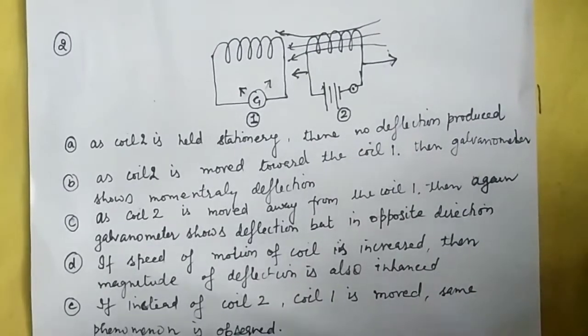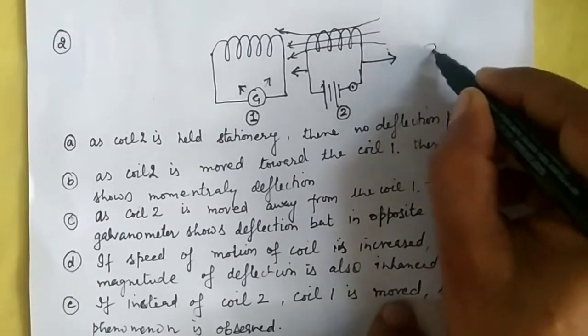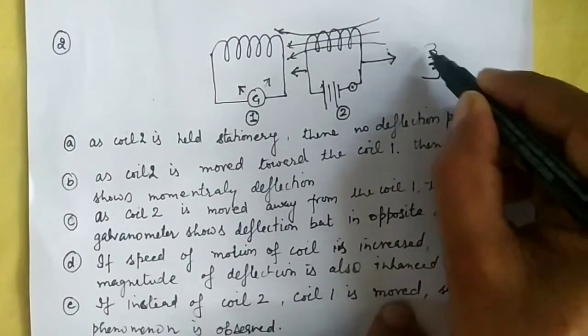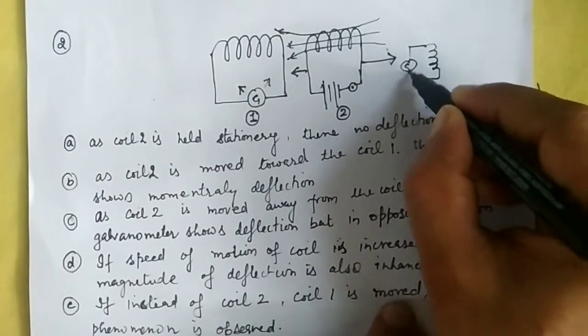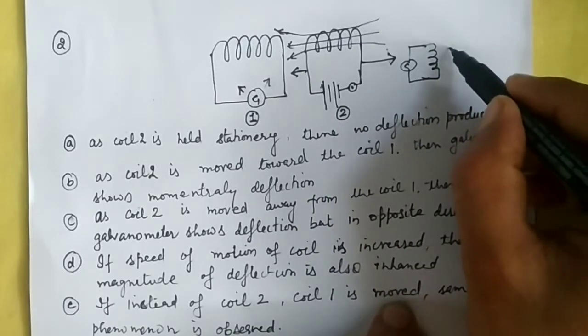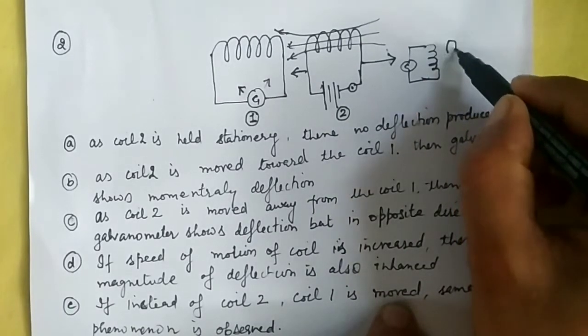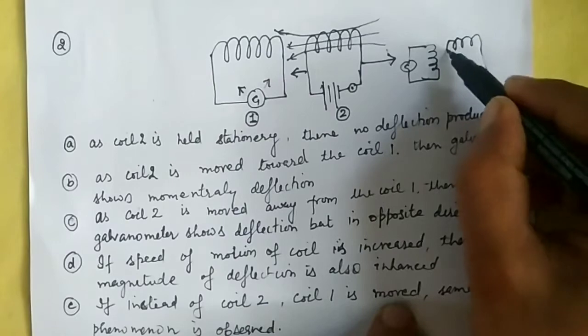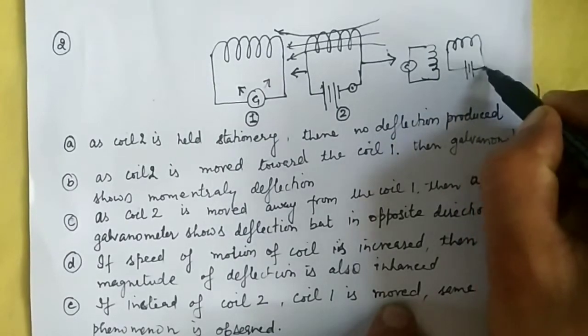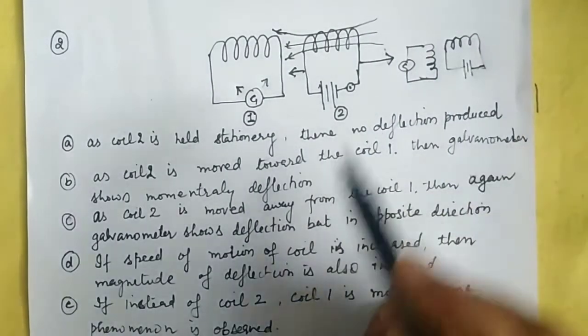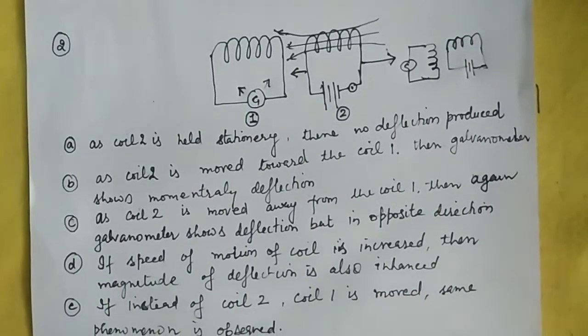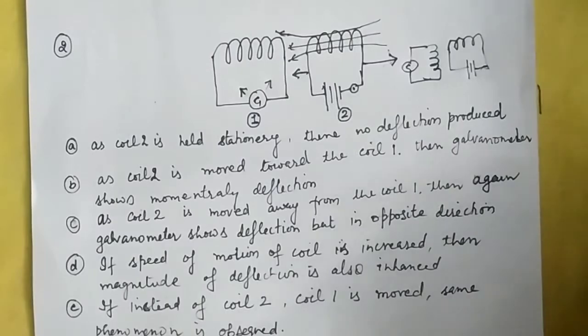And if one coil is along this direction and the other coil is in the perpendicular direction, then if you do the same experiment, there is no deflection in the galvanometer.